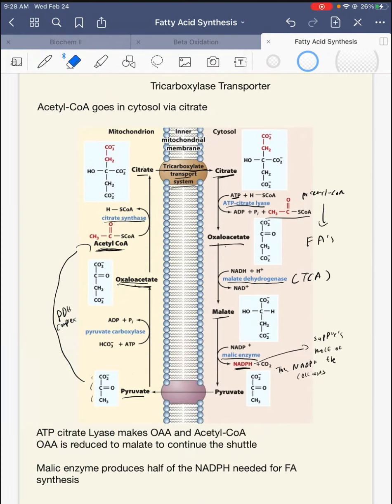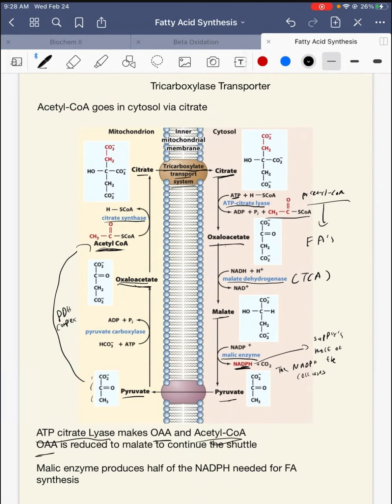So we make acetyl-CoA, and then we convert it back, and then we keep running this cycle, making more acetyl-CoA and more NADPH, convert back to pyruvate, pyruvate can then enter. So like I said, ATP citrate lyase, so that makes oxaloacetate and acetyl-CoA.